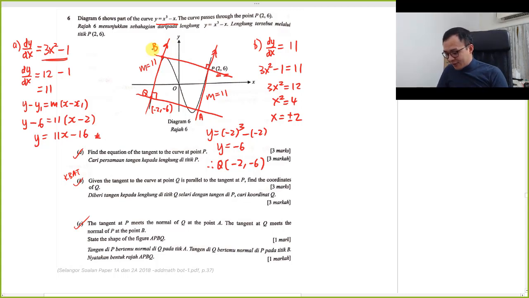Alright, so they ask you to state the shape of the figure APBQ.